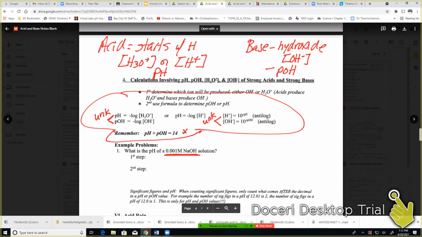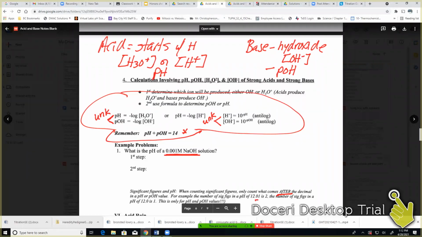As far as significant figures for pH, when counting significant figures for pH, you only count what comes after the decimal of a pH or pOH number. So anything in front of the decimal, you don't worry about. You look at places behind the decimal and see how many places there are.